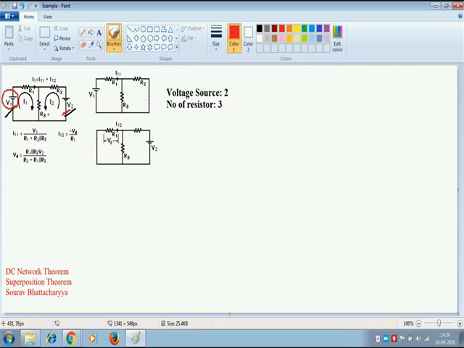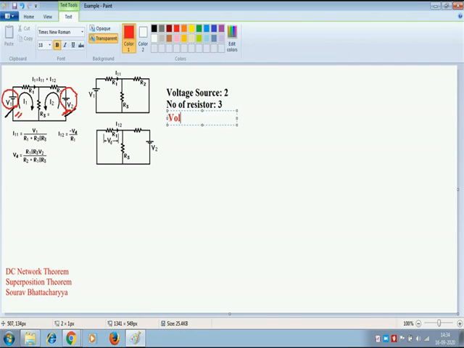So here the voltage source is replaced by a short circuit, and when we are considering the second voltage source V2, at that time the first voltage source V1 gets replaced by a short circuit. Voltage sources can be replaced by a short circuit, and current sources are replaced by an open circuit.